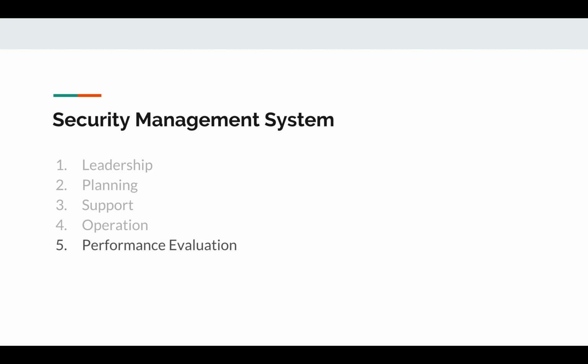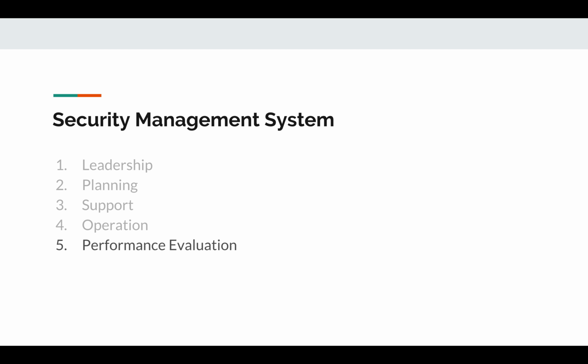So that's almost the whole life cycle of the security management system. And performance evaluation is performed during the whole life cycle actually, but it's not only about the operation step.